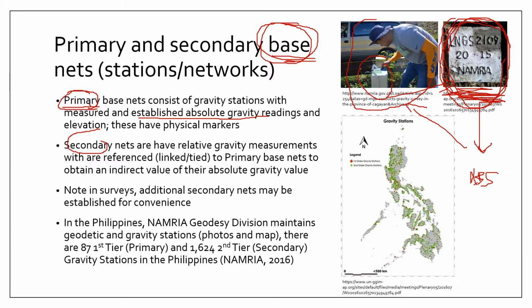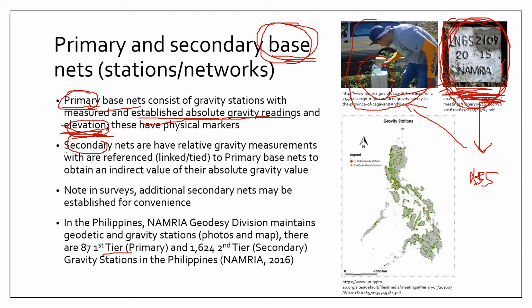And they also measure the elevation in that area. Okay, so primary base nets, also called first tier base nets, have an established absolute gravity reading, and they also have an accurate measure of elevation.